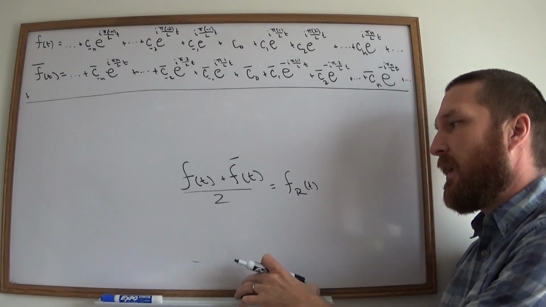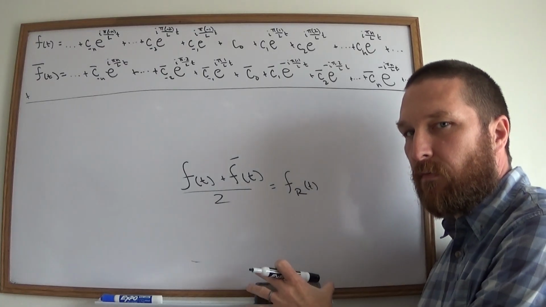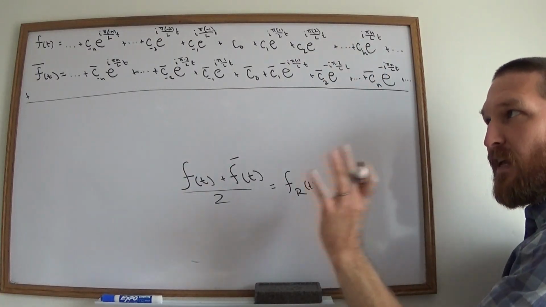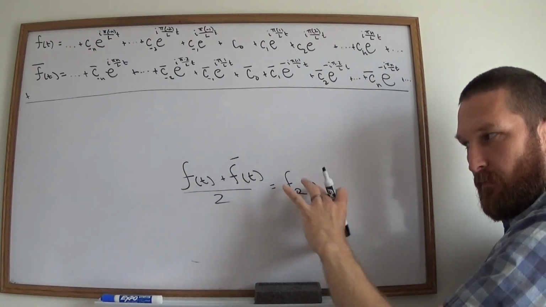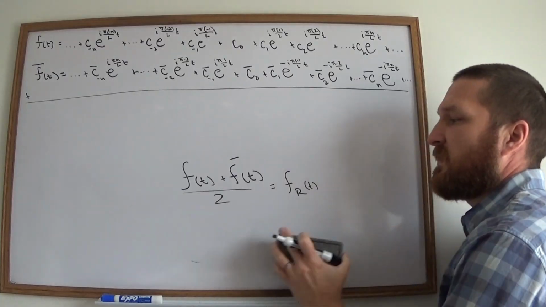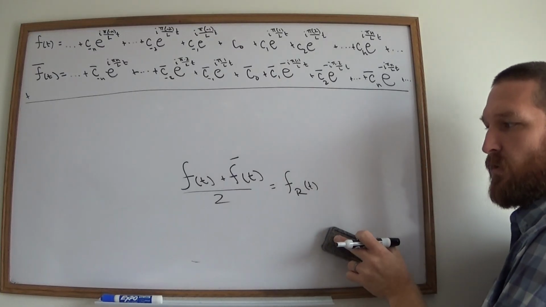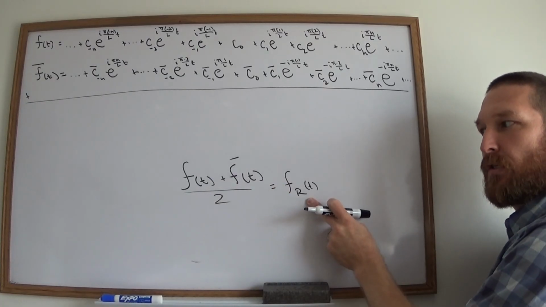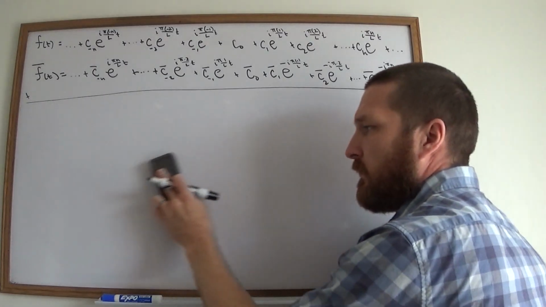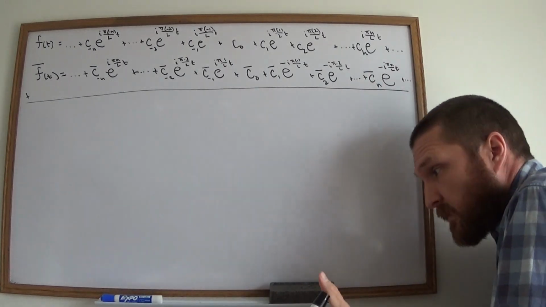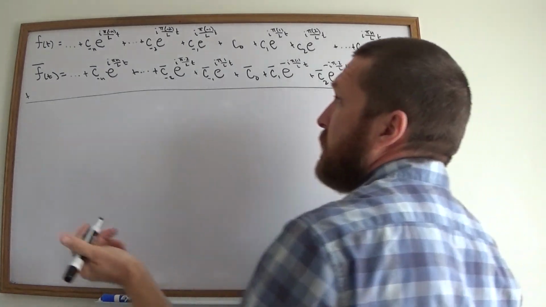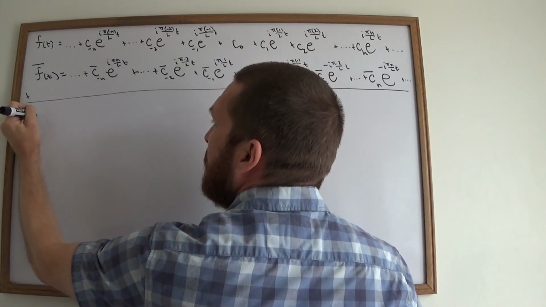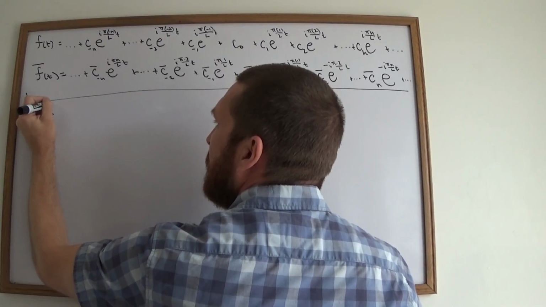Because like I said, the whole thing we're trying to prove was that this thing, if it's real, can be rewritten in just terms of the sines and the cosines with no i's whatsoever. So if it's real, then when I do this, I'm going to end up with the original function. What I'm about to do will still work if it's complex. You just won't have a purely real function, but that's no big deal. So we have f of t plus the conjugate.